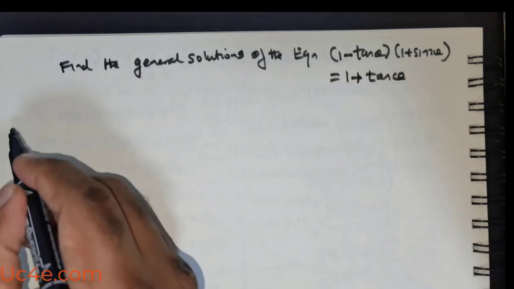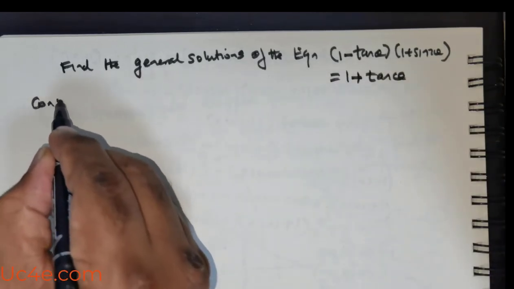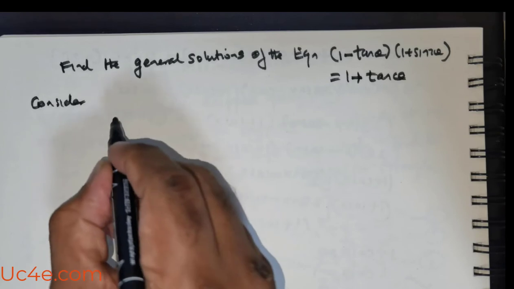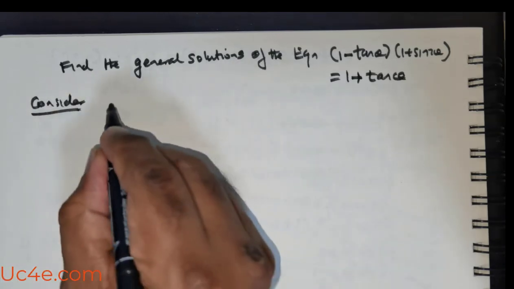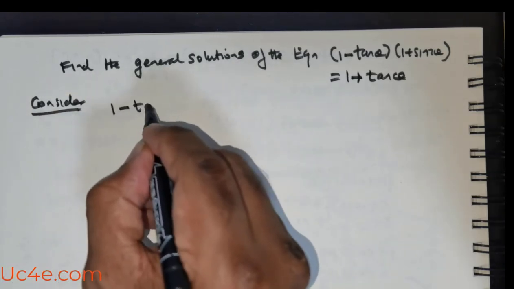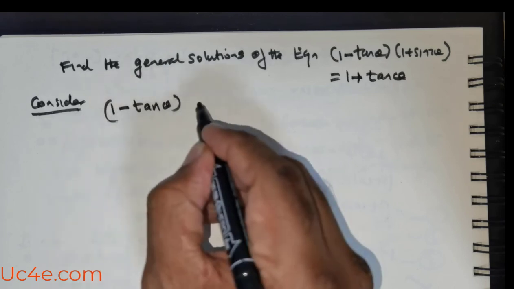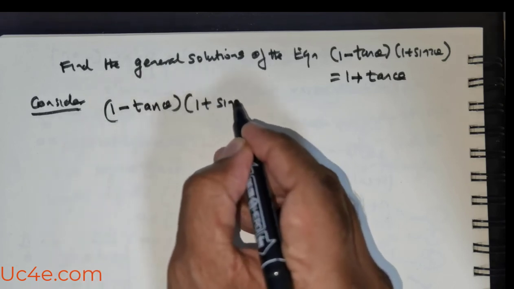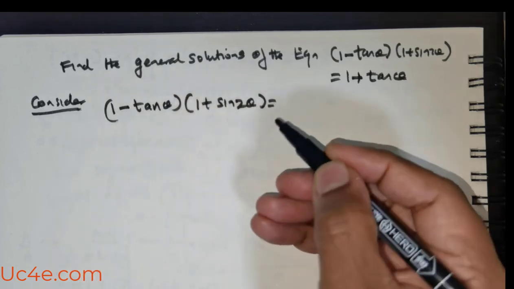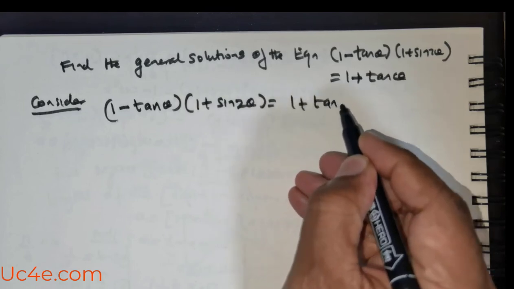So this is what we have been given. So foremost, let us start off by considering the given equation, which is (1 - tan theta)(1 + sin 2 theta) = 1 + tan theta.